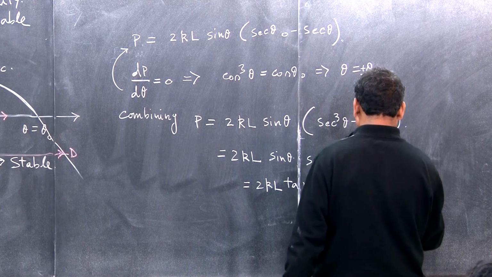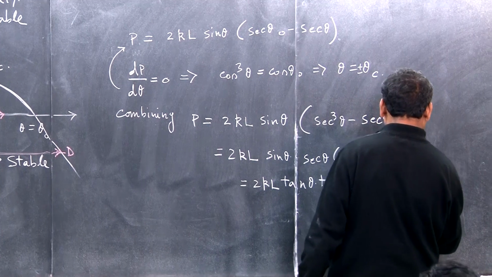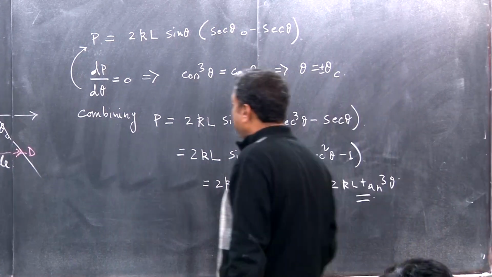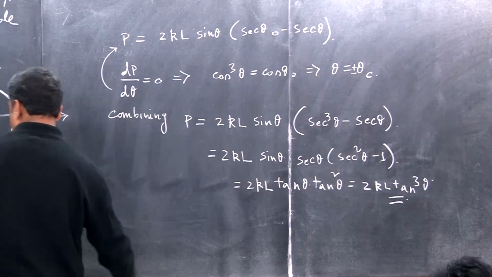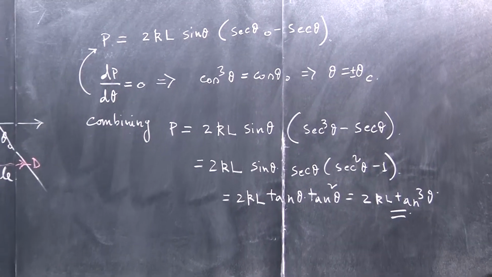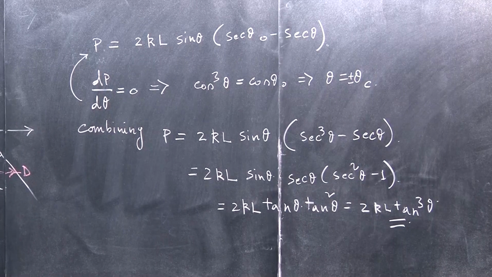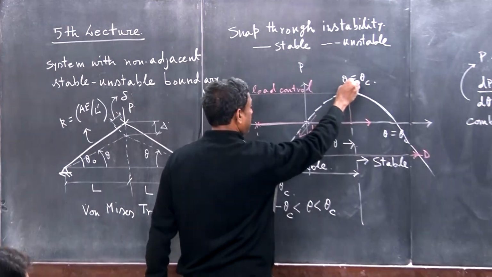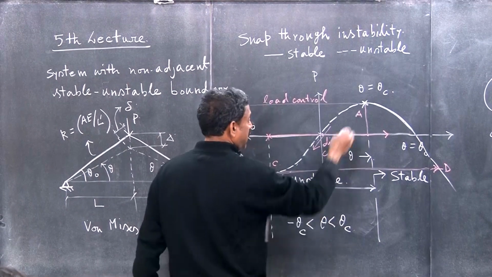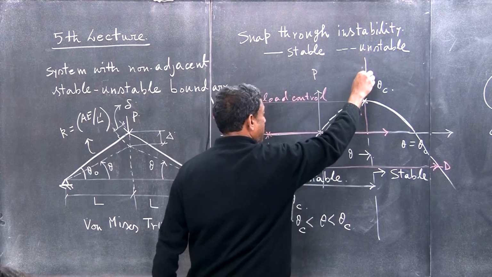So 2KL tan cube theta. This, if you just draw it here, will show you tan cube theta.